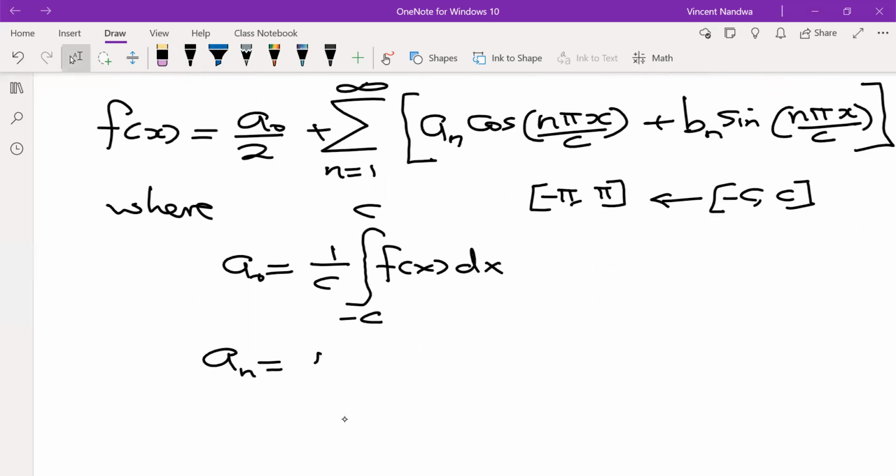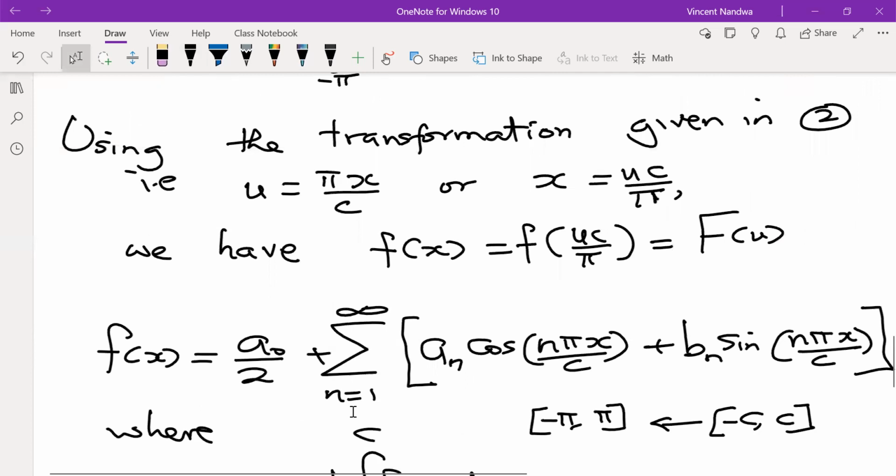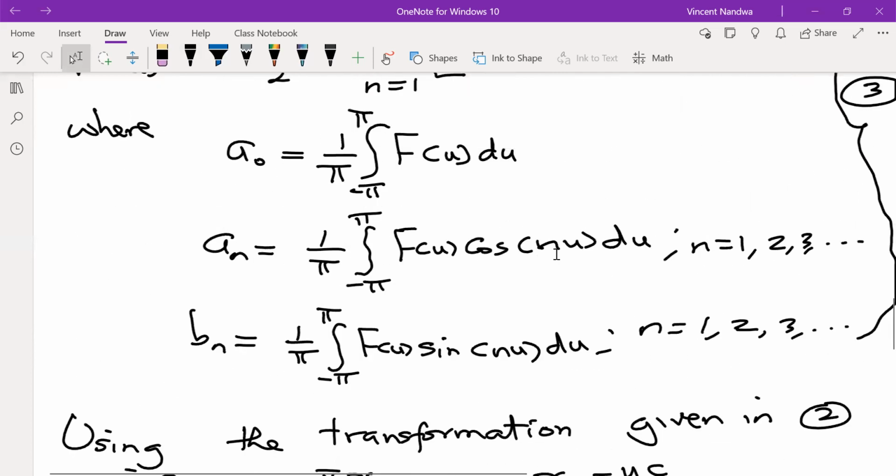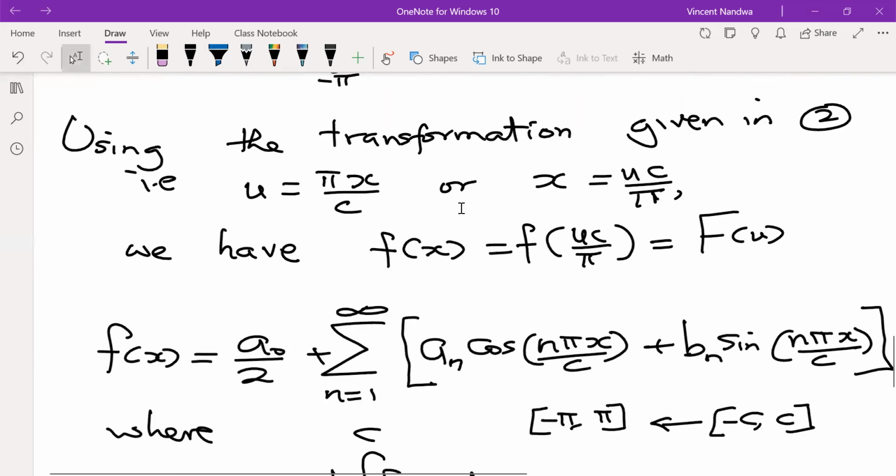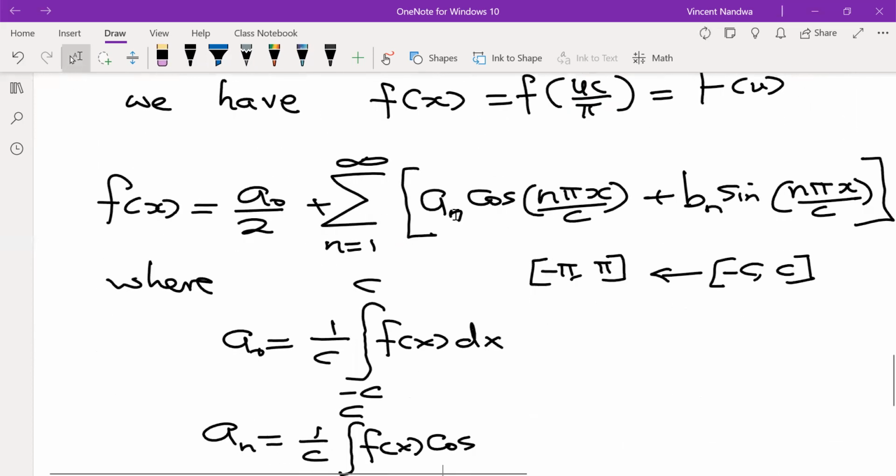n will be 1 over c integral from minus c to c of f of x multiplied by cosine of nx, but remember x in this transformation is given by this variable here. u is given by pi x over c.